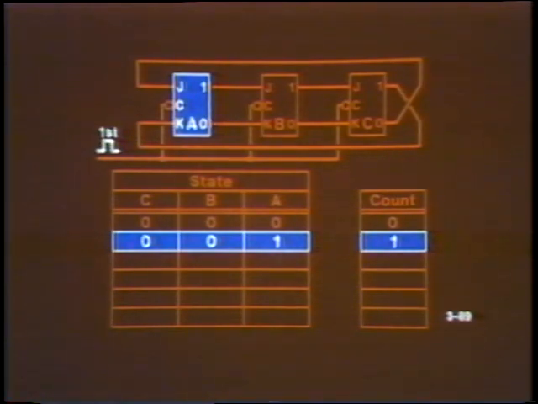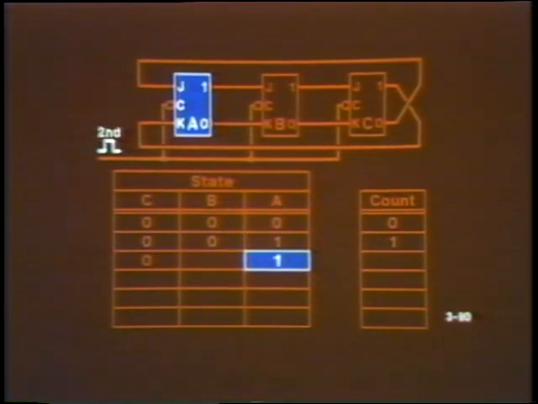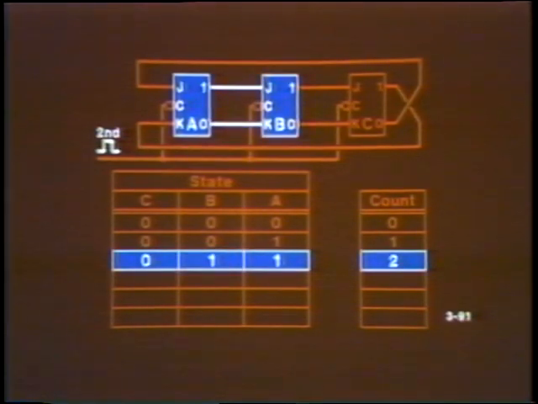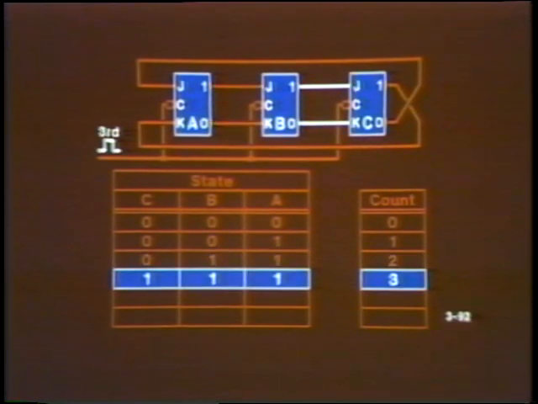At the second clock pulse, A remains set, and C remains reset. But B changes state. At the second clock pulse, the inputs to B are J equals 1, K equals 0. So B will change into the 1 state. At the third clock pulse, flip-flop C sets as well.